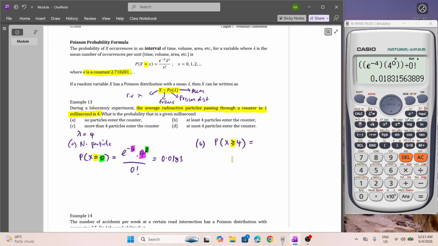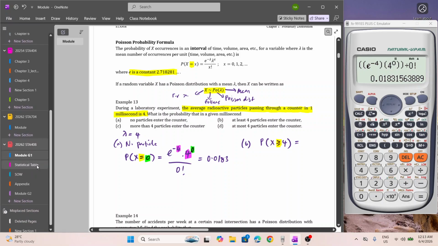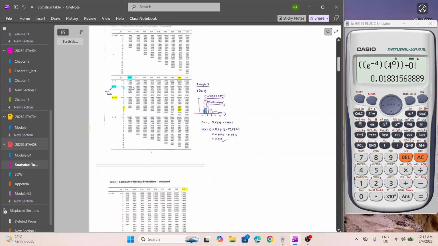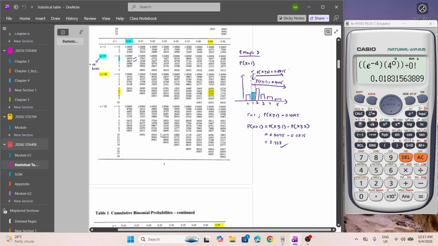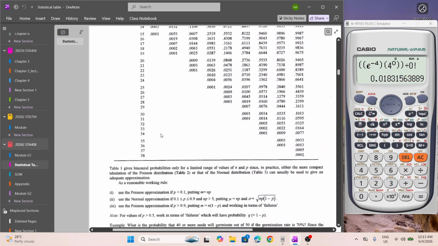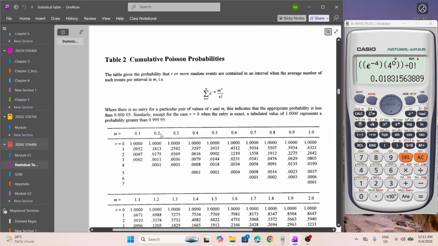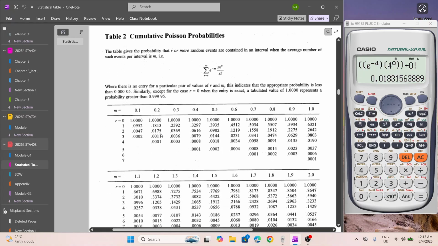Let's go to the statistical table, and you need to find the cumulative Poisson distribution. It should be after the cumulative binomial distribution.